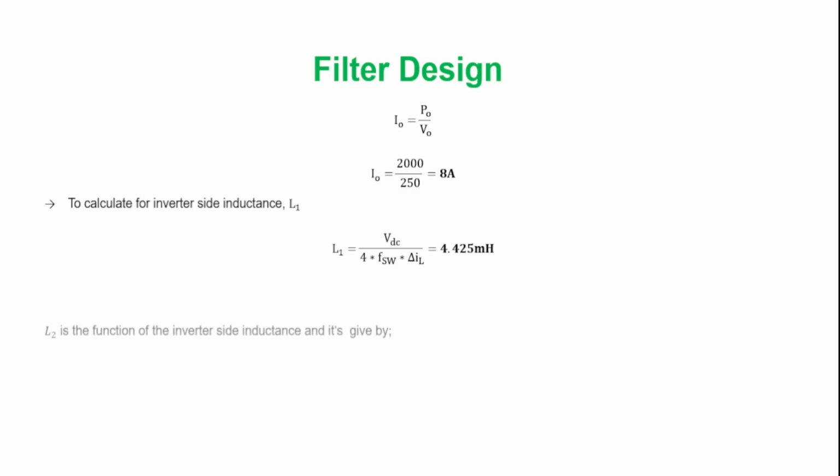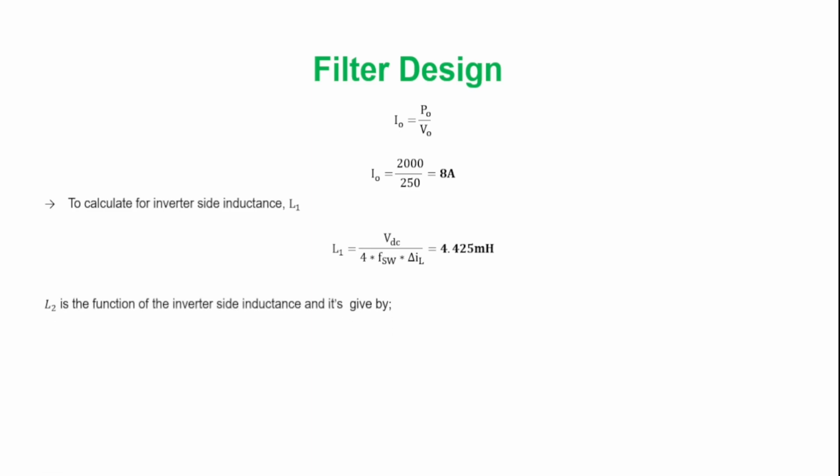To design the filter for the single-phase grid-connected inverter, firstly we calculate the output current, which is given by the power output over the voltage output, and we get 2000 divided by 250, which is 8 amps. And to calculate the inverter side inductance, we get 4.425 millihenry.